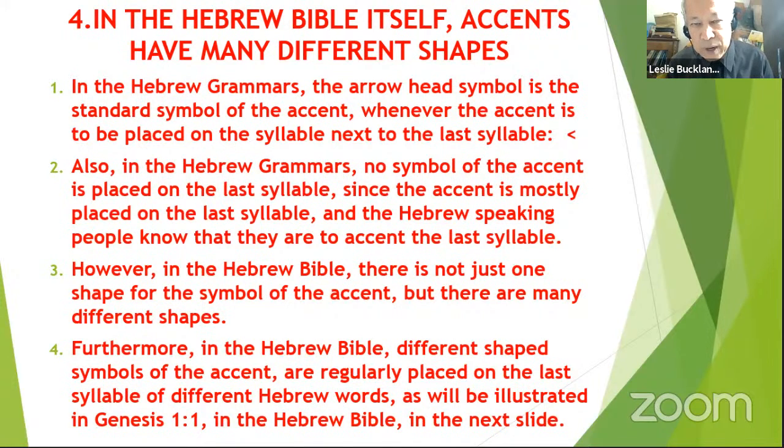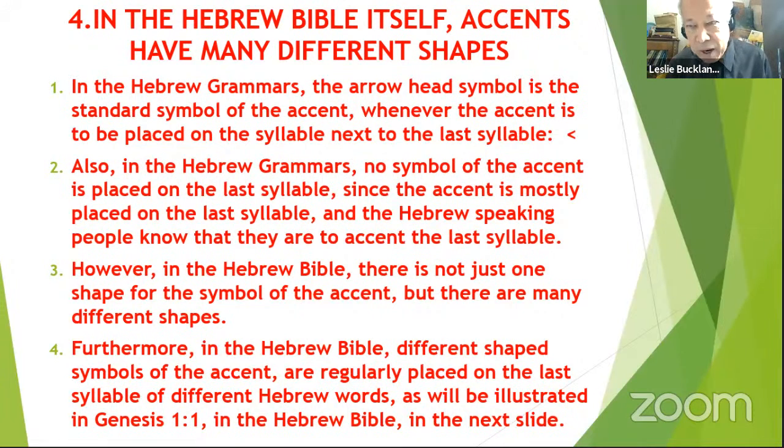I don't want you to be confused. You have to separate what is written in the Hebrew grammar from what is written in the Hebrew Bible. The Hebrew grammar is difficult as it is to understand, and they have tried to make the learning of the language as simple as possible by having one symbol for the accent, and by not putting the symbol of the accent on the last syllable.